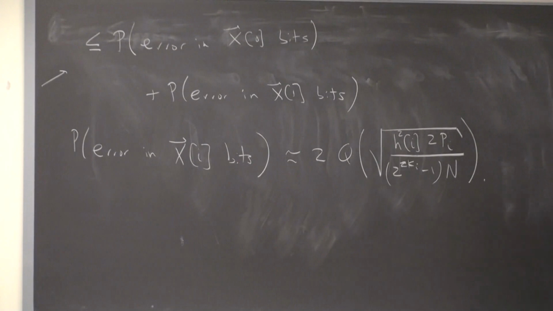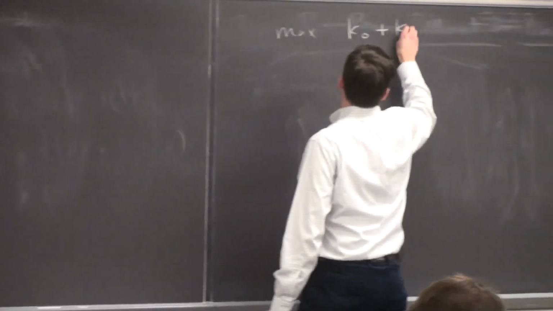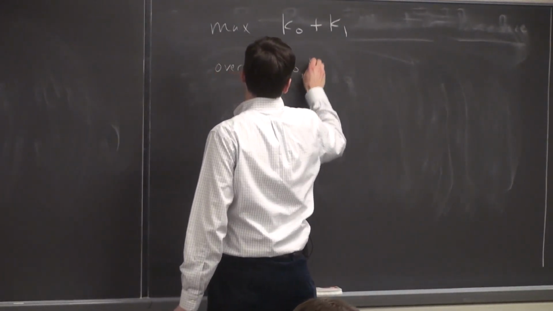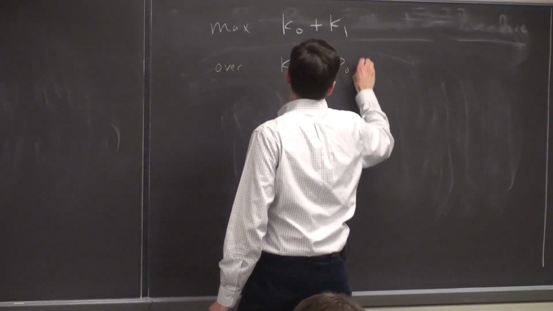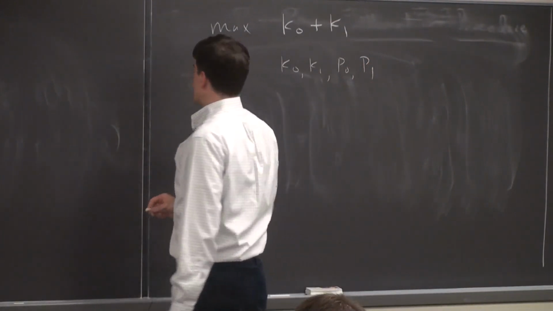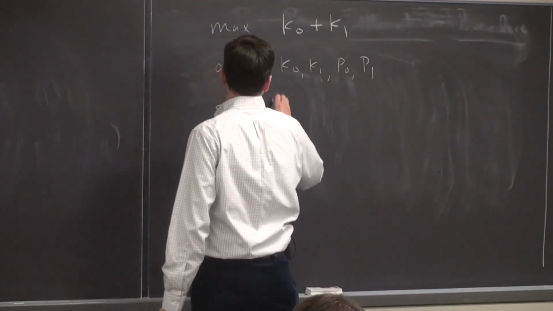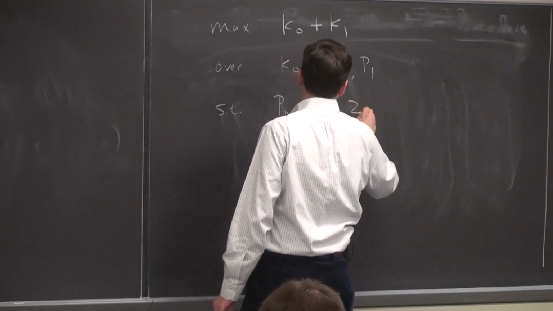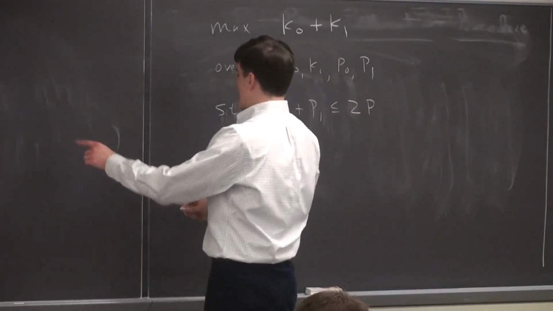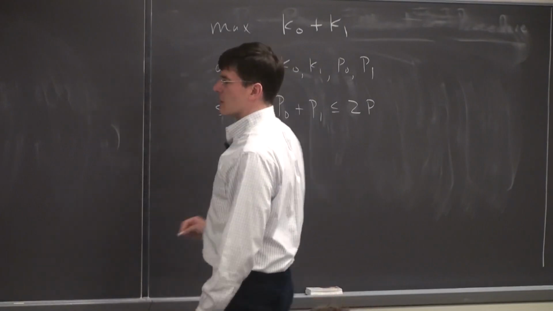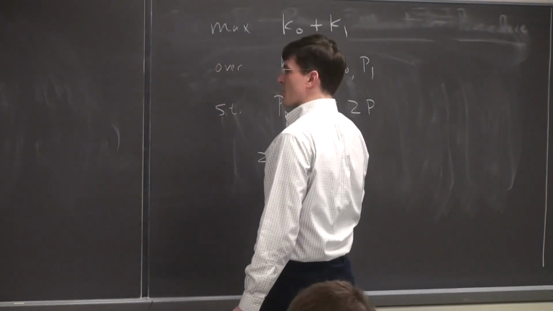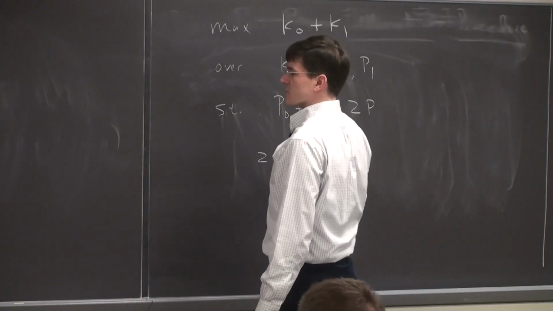If we plug this in, the overall problem becomes max the sum of K0 and K1 over K0, K1, P0, P1, subject to the sum of the powers being less than or equal to 2P, and the sum of these two PAM error probabilities being less than or equal to P_E bar.